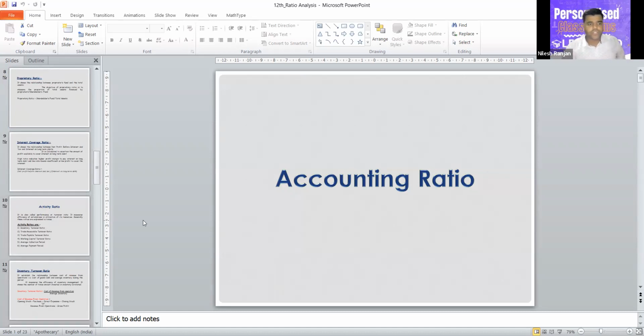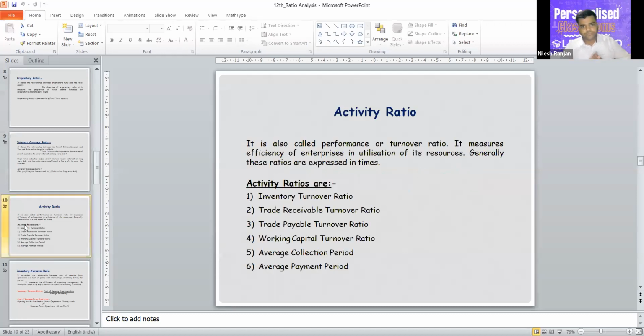Okay, so we are starting activity ratio now. You are seeing the screen. It is also called performance or turnover ratio. It measures efficiency of enterprise in utilization of its resources. Generally, these ratios are expressed in times. So inventory turnover ratio, trade receivable turnover ratio, trade payable turnover ratio, working capital, average collection period, and average payment period.